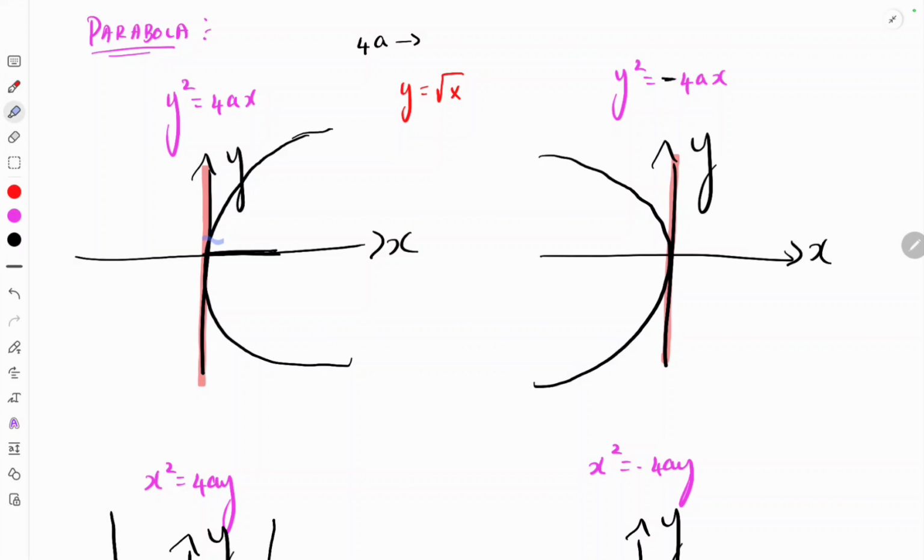Till here the graph is y equal to root x. And below this, I'll change the color. Below this, whatever we have, this graph is for y equal to minus root x.